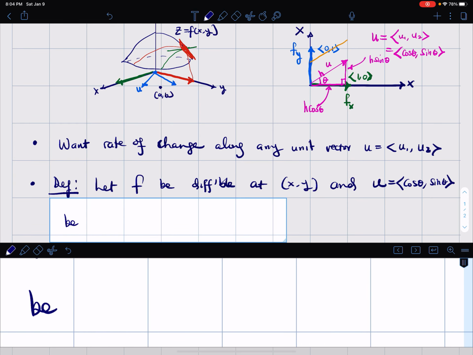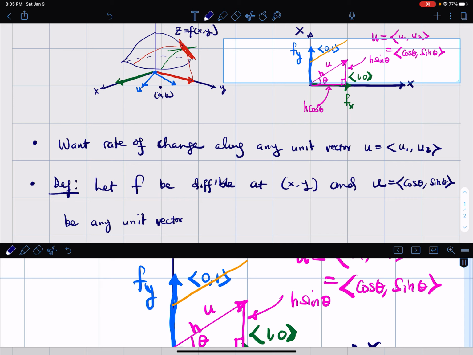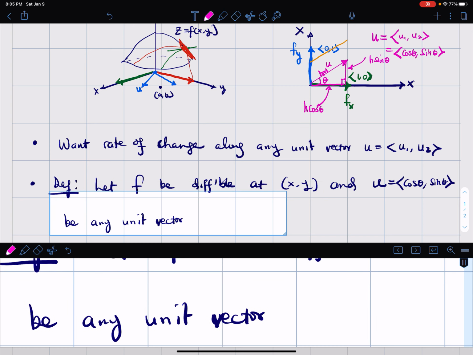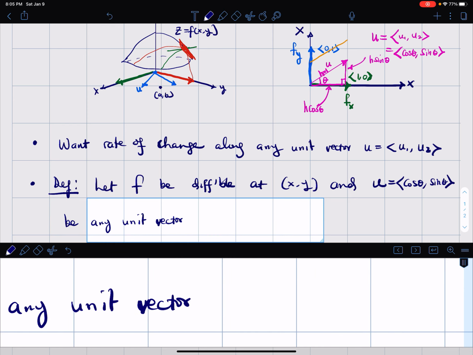Let it be any unit vector, because any unit vector can be parameterized as cosine theta, sine theta, just like we explained here. And because if it's unit, then its magnitude, which we're calling h here, is going to be equal to 1. All right, so in that case, let it be any unit vector in the xy plane.